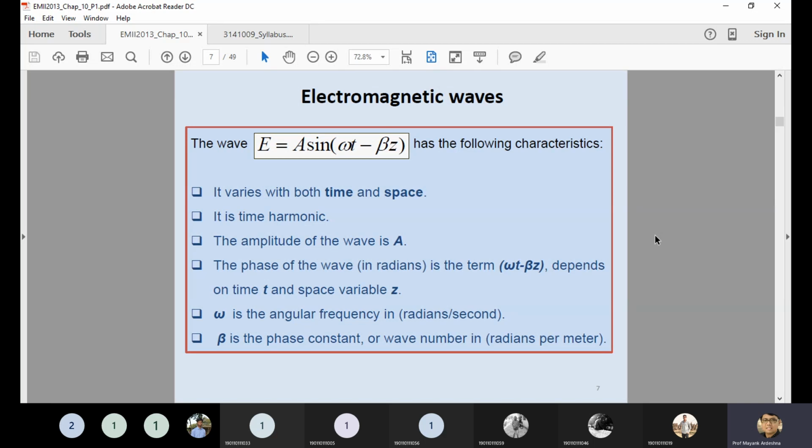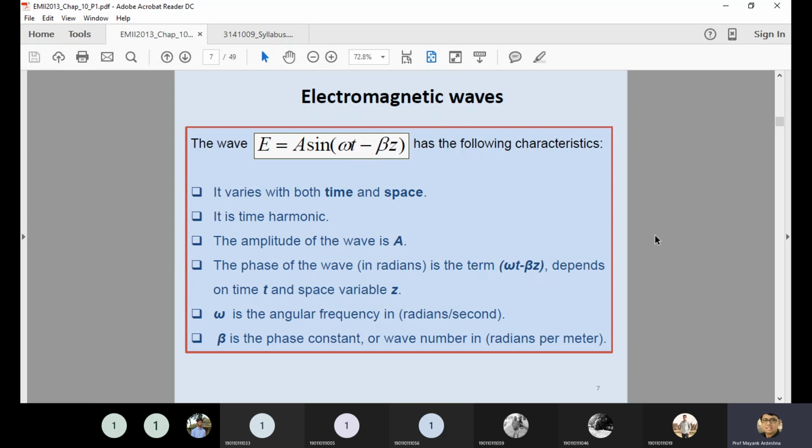A is the amplitude, omega is the angular frequency, t is the time, z is the direction of propagation where the signal is moving, and beta is the phase shift constant, similar to phi. Normally the equation is A sine of omega t plus or minus phi, but phi is expressed as beta z, where beta is the phase shift constant, measured in radian per meter, and z is the direction of propagation.